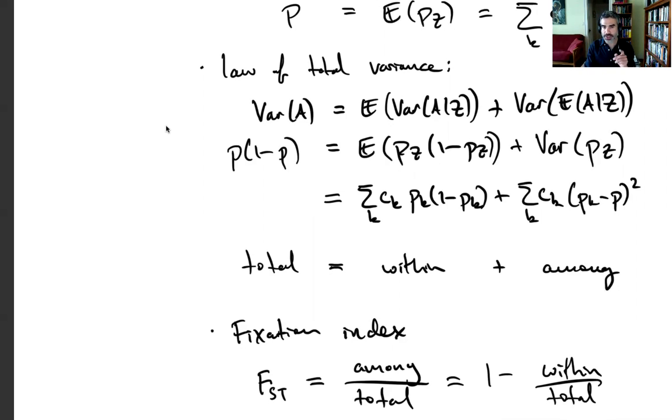Notice that this fraction reduces to 0 when all the P_Ks are the same, equal to P, so in the absence of structure. On the other extreme, if the site is fixed within each group one way or the other, though not all the same way since we said it was segregating in the total population, that means all the P_Ks are either 1 or 0, which means that the first term, the average heterozygosity within, is 0. And in that case, the fixation index is 1. And that's where the name comes from.